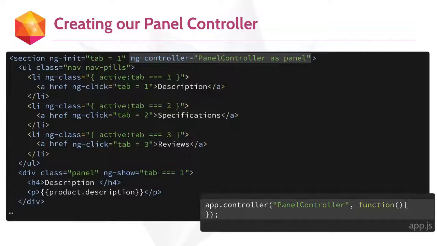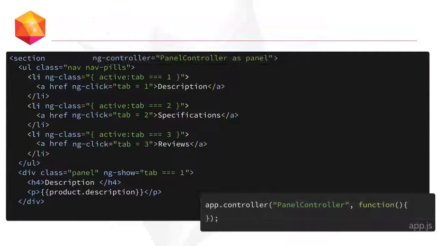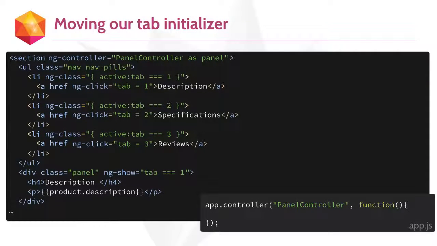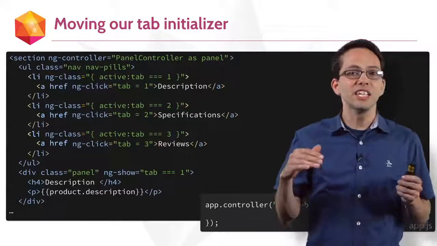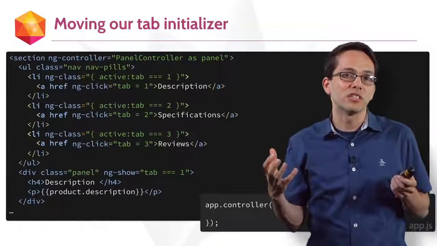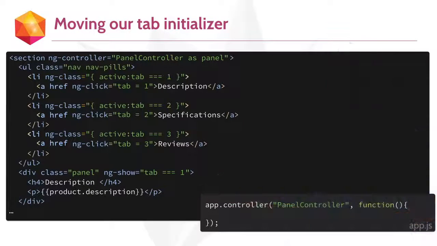Our next step is to move the tab initialization inside of our panel controller. ng-init is great for prototyping, but really initialization and configuration should go inside of a controller. In this case, we'll make tab a property of our controller, so we'll be able to refer to it as panel.tab.